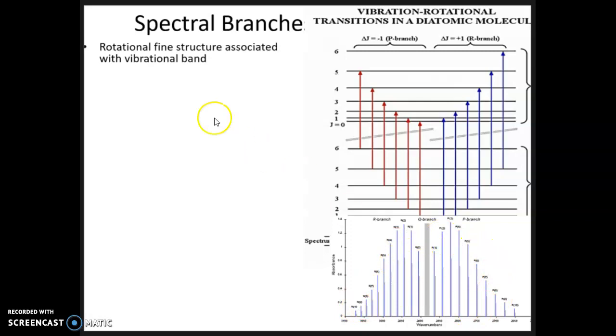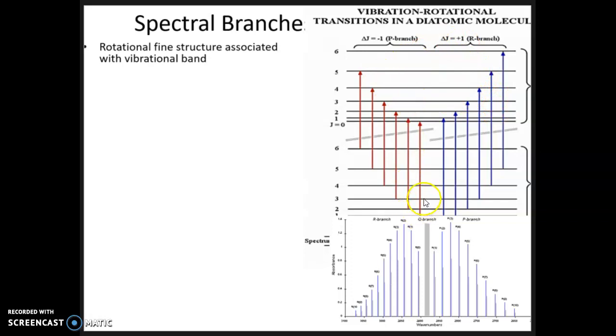The lines represent what we call spectral branches. Spectral branches are rotational fine structures that are associated with a band. So let's take a good look at it again. This is a lower vibrational energy level, and we can have a transition from this lower vibrational level to this excited vibrational level.